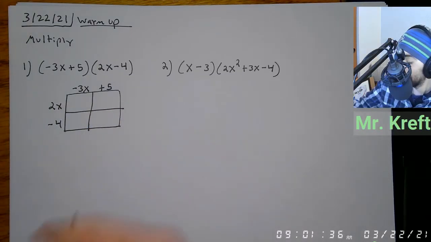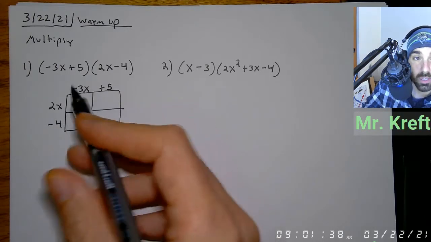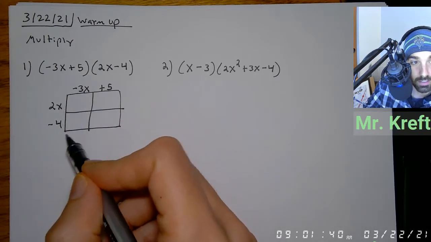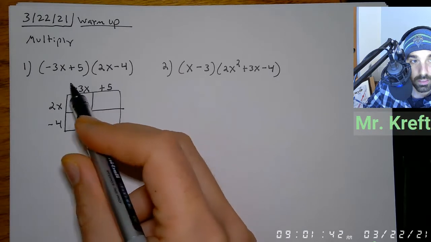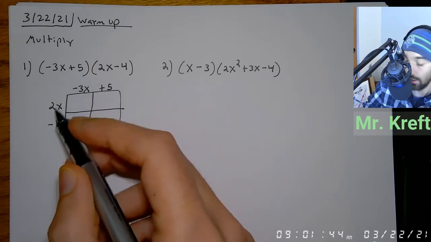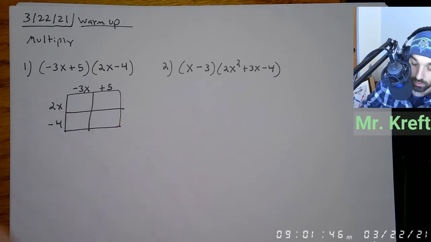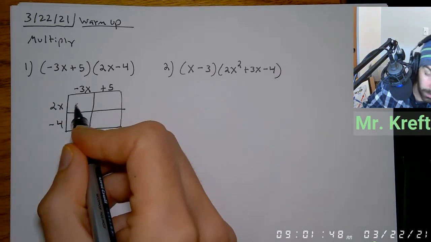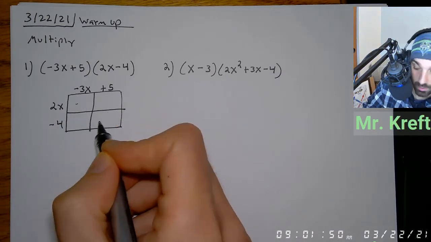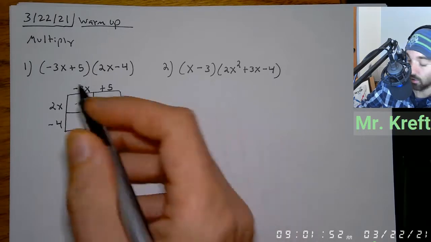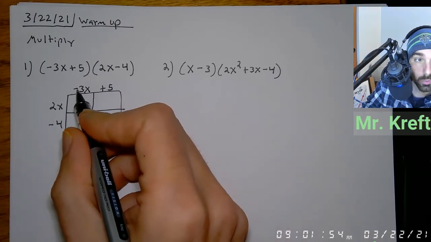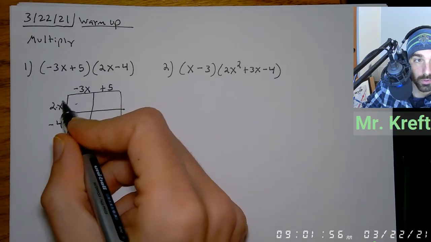Okay, then what we're going to do, and I hope you guys remember this process. So we drew a box, and then we labeled the binomials on the sides, and then we are going to just multiply to find these small areas in the middle. Okay, so just like we would a multiplication square. So we always do the numbers first.